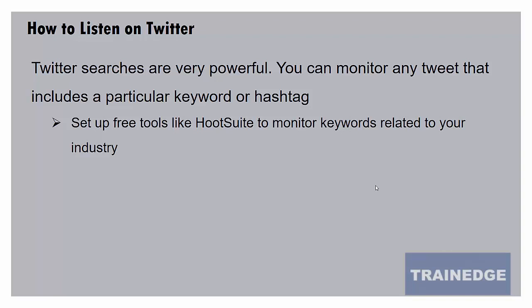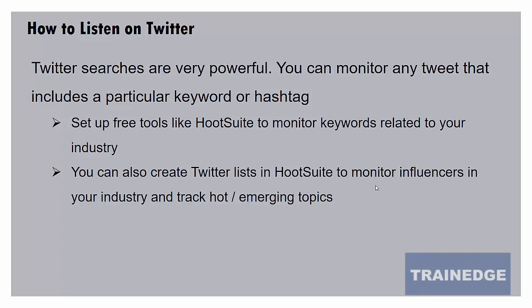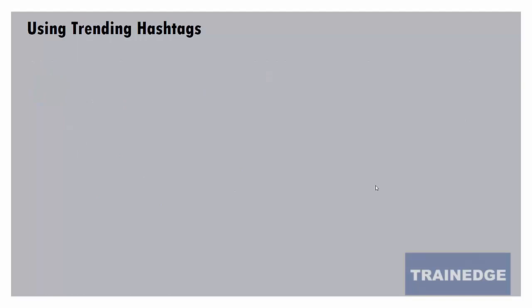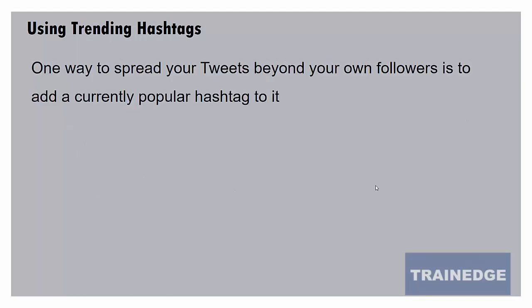You can also create a list of people to listen to in Hootsuite. So you can monitor what influencers in your industry are talking about, what is hot, what is an emerging topic in your industry. Using hashtags is very, very important on Twitter.